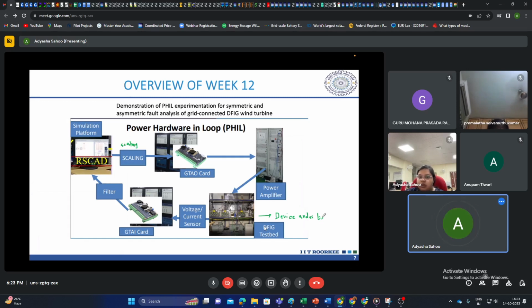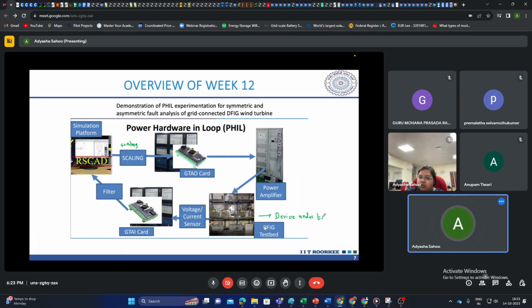To drive this DFIG, which will be, let's say, 230 volt approximately, the output from the GTAO card will be less, which is not enough to drive this machine. So for that we need to amplify the power here in the power amplifier. Then this can be fed into the DFIG setup basically.